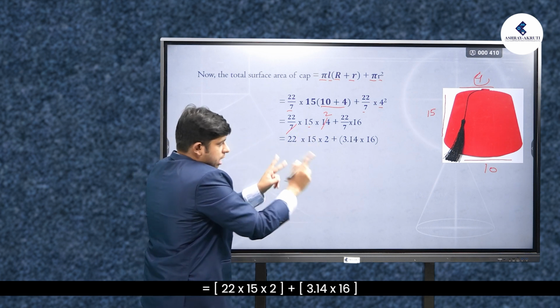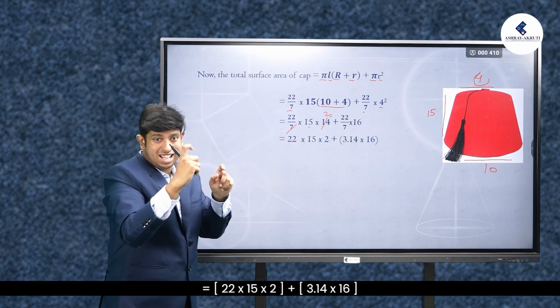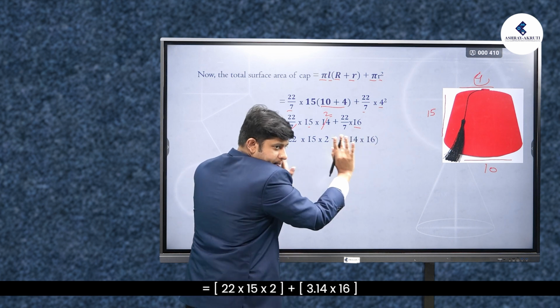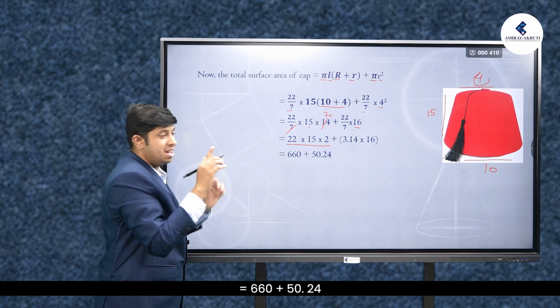That equal to 22 into 15 into 2 plus 3.14 into 16. By simplifying, we get 660 plus 50.24.